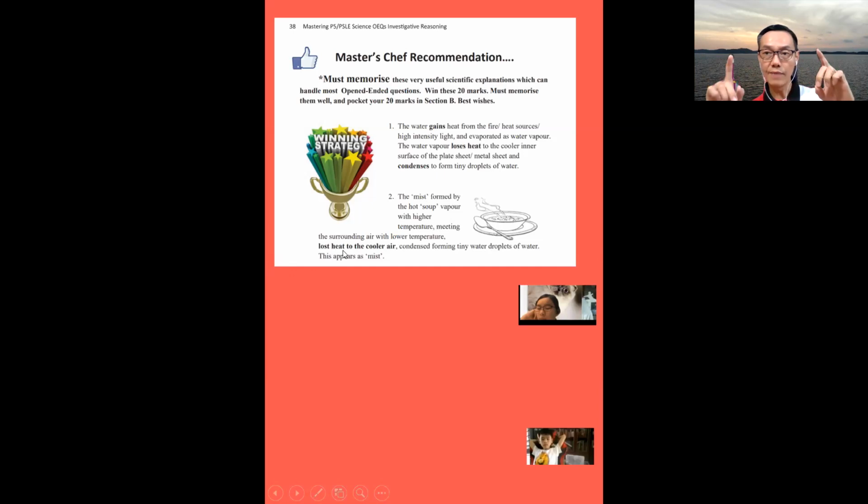They must identify the heat source and what it loses heat to. So in this example, the warmer water vapor loses heat to the cooler air, or air with lower temperature, and condenses to form tiny water droplets.